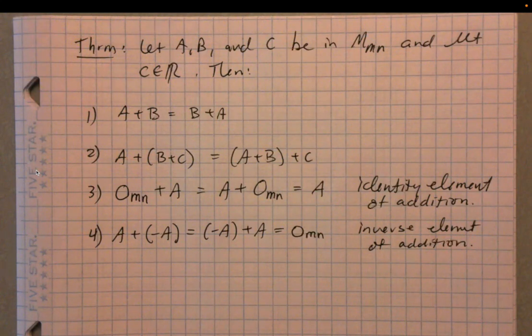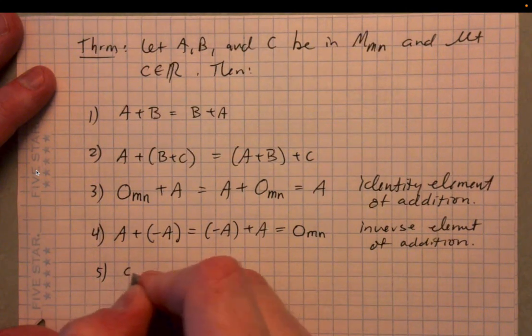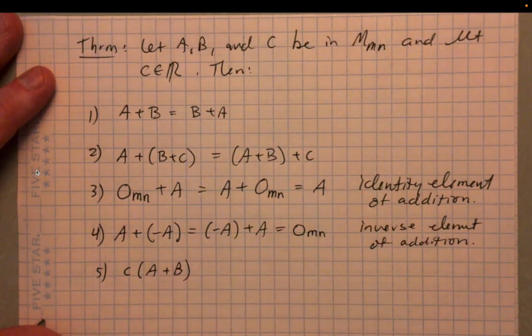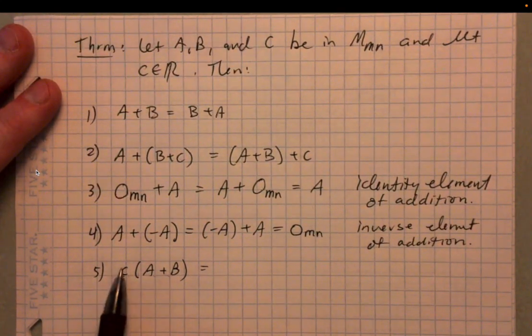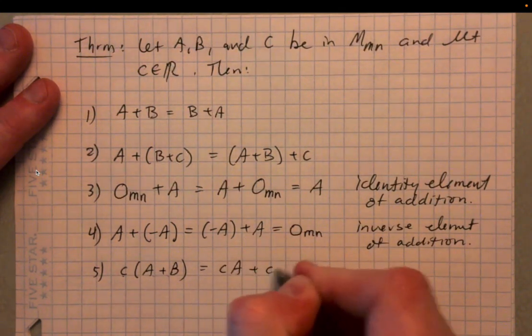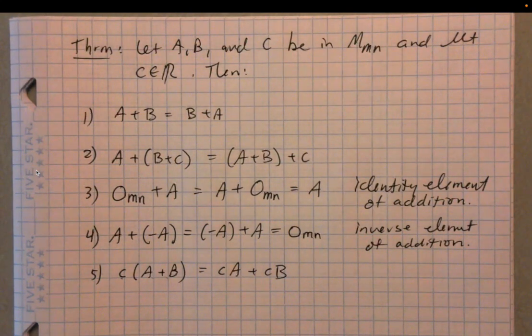And then we have two properties of scalar multiplication, and specifically the distributive property of scalar multiplication. So the first one looks like this. If I have a scalar times a matrix sum, then I can break the sum apart and separately apply the scalar multiplication. So that's cA plus cB. Right, this mirrors the distributive property that we're all used to.